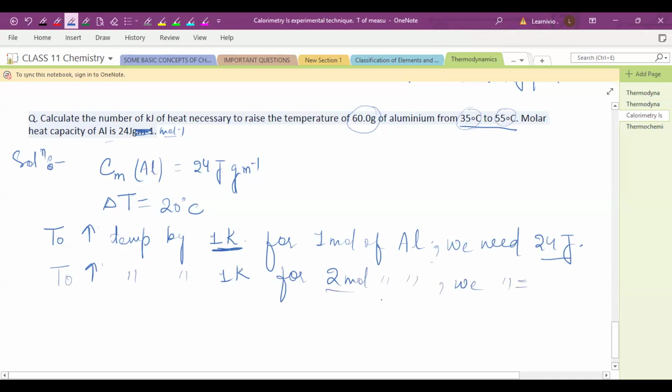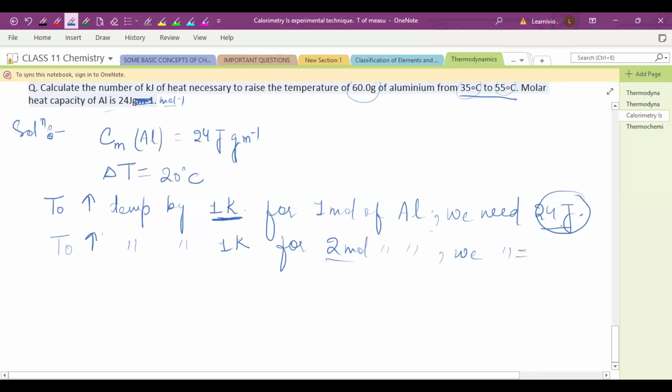The temperature is the same, but the number of moles changes to 2. So 2 into 24 joule, so it will be 48 joule.